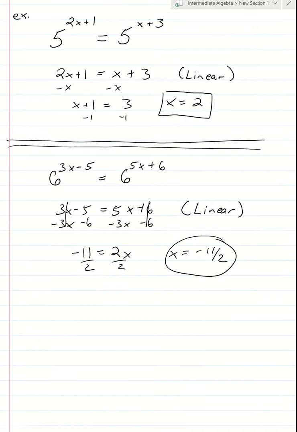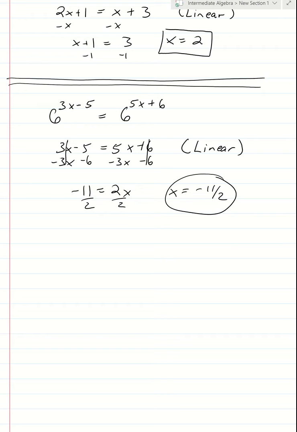But what if we had something a little bit different? Let's say, for example, we had 2 to the, let's say, 2x plus 1 power equals the number 8.